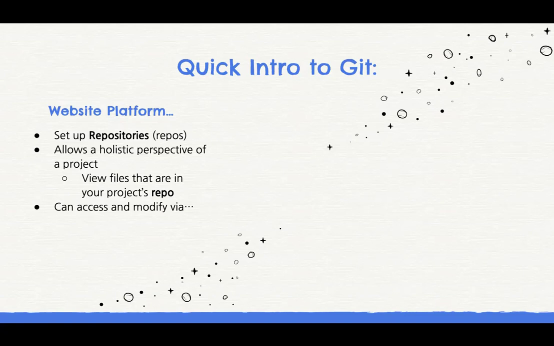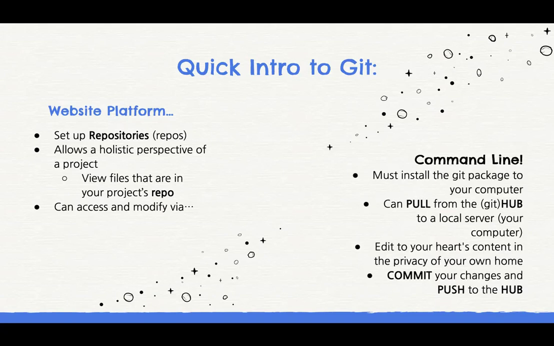More into that later. And you can view the files that are in your repo. You are welcome to just code in GitHub, but I strongly advise against it. It is a lot better to access and modify via the command line.